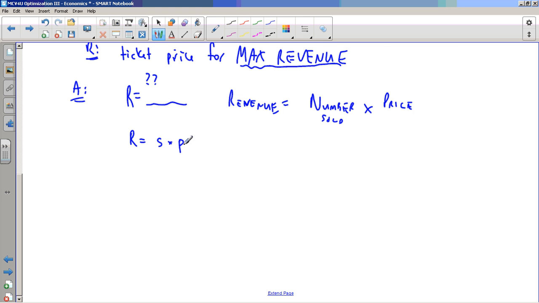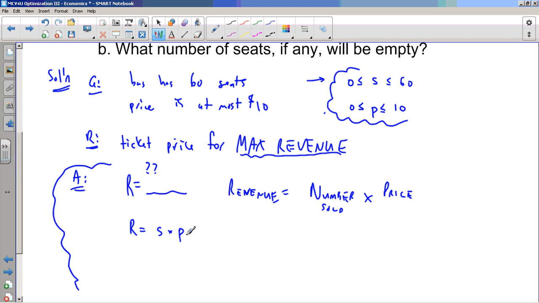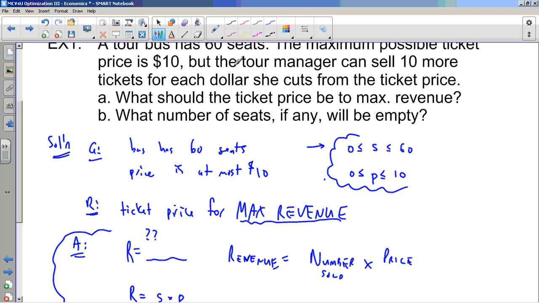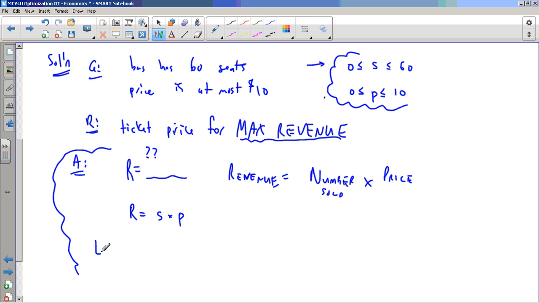We need S and P in terms of some independent variable, maybe in terms of each other. The key is here, for every dollar cut, stuff happens. So why don't we let X be the number of cuts?